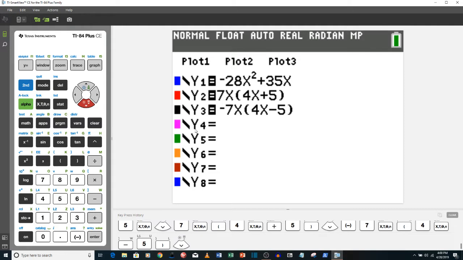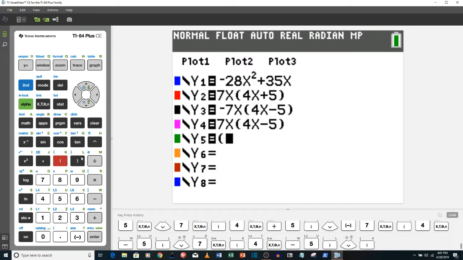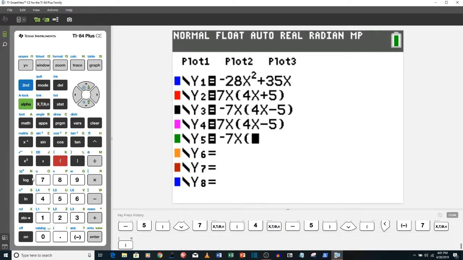Y4 would be C, that's 7x, open parentheses, 4x minus 5, close parentheses. And Y5 would be negative 7x, open parentheses, 4x plus 5, close parentheses. This would be answer choice D.